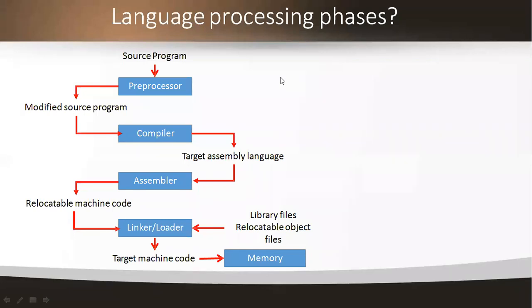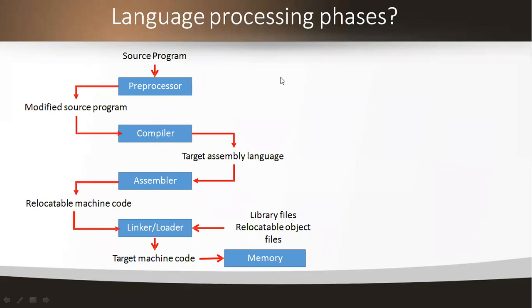Then after performing the compilation by using the compiler tool, we get some output. That output is again taken as an input to another tool, the assembler. After the assembler runs, we get some output, which I will explain further. That output is taken as an input to the linker or loader.